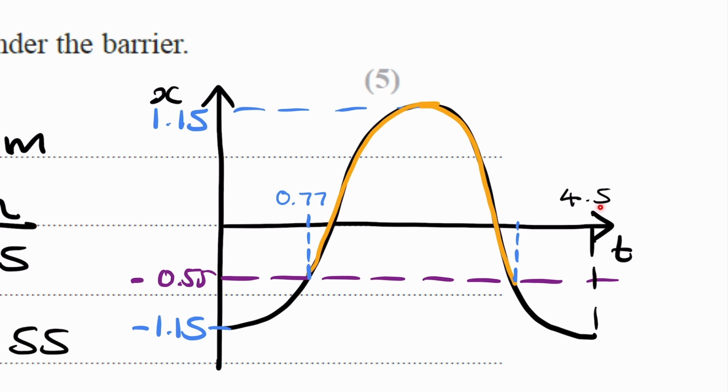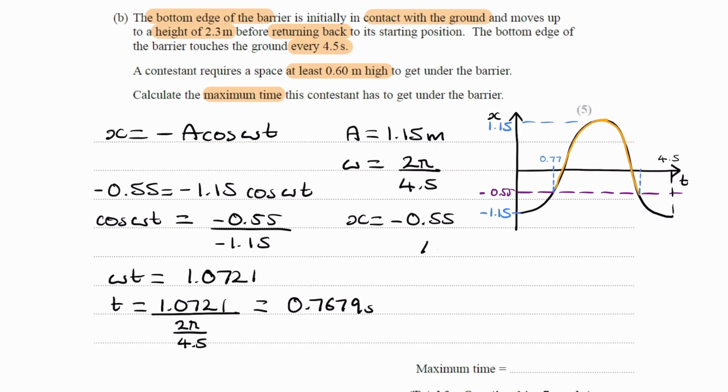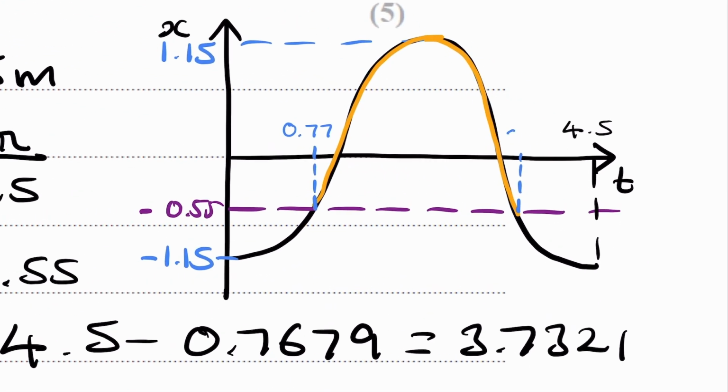So if we do 4.5 minus 0.77, that gives us this time here. So that will be 4.5 minus 0.7679. That gives us 3.7321. So that will be this time, 3.73 seconds.